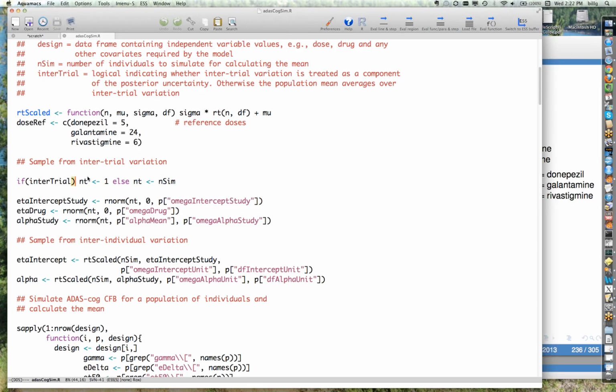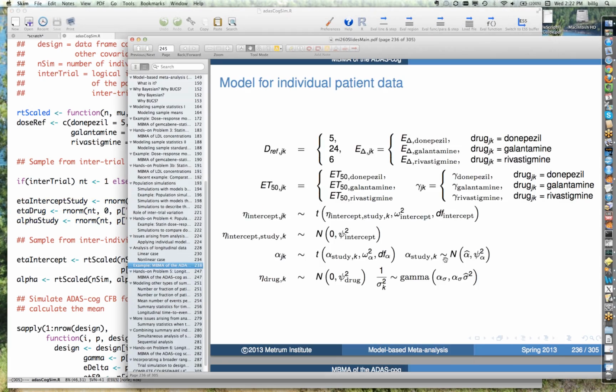So that's how I end up setting that up, and then I go ahead and generate the random samples from my intertrial variation, where my count here is NT, which will either be 1 or N-sim. And these eta-intercept study, eta-drug, alpha study, those are the same creatures as you see over here.